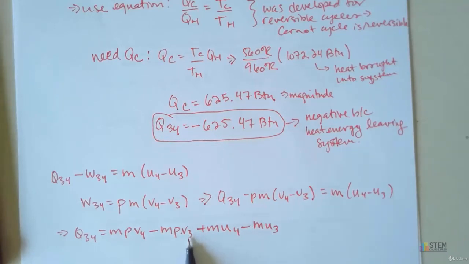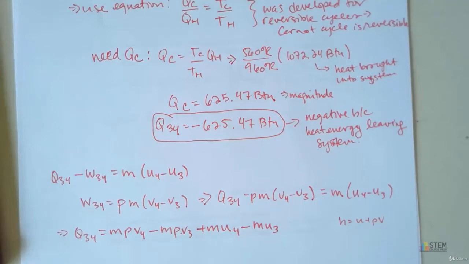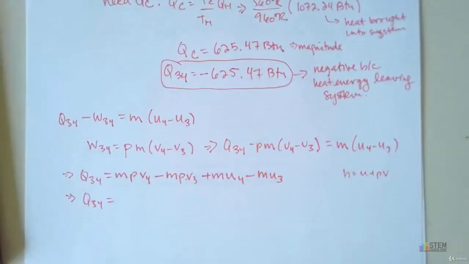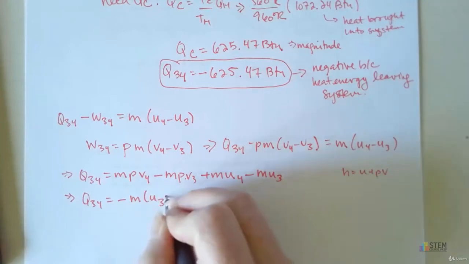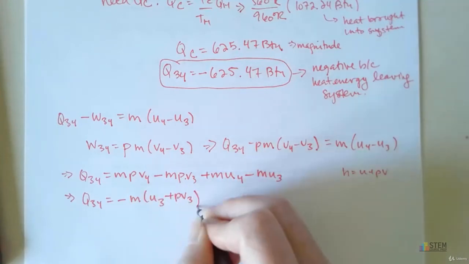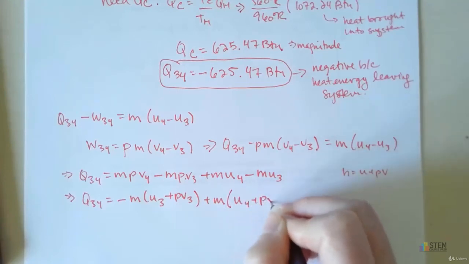Now, if you remember back, we talked about enthalpy, and enthalpy, remember, is U plus P times V. Now, because of this, let's go ahead and rewrite this equation, and we'll group up our like state terms. So Q34 is going to be negative M times U3 plus PV3 plus the mass, again, times U4 plus PV4.